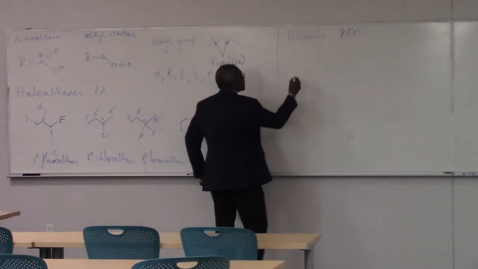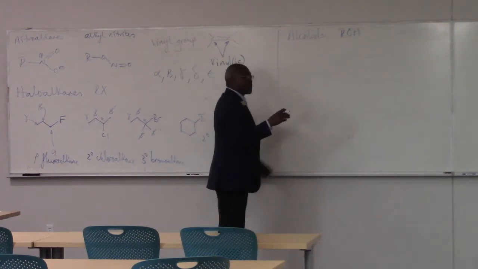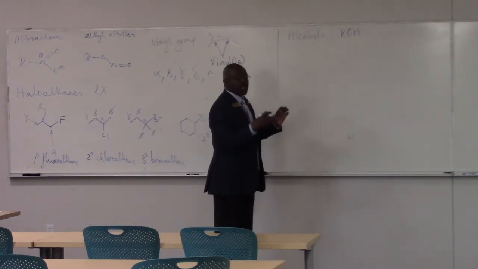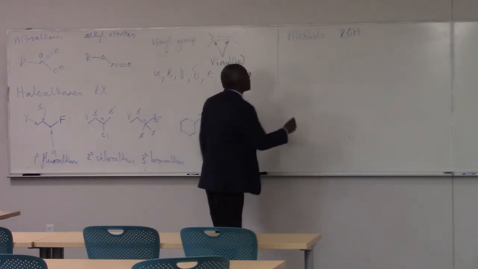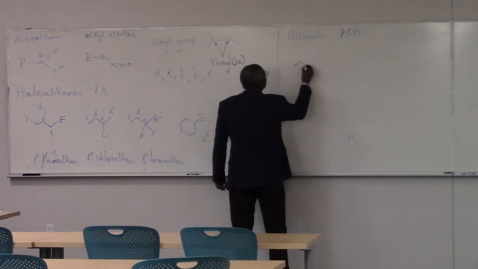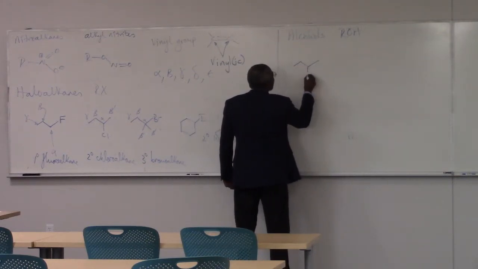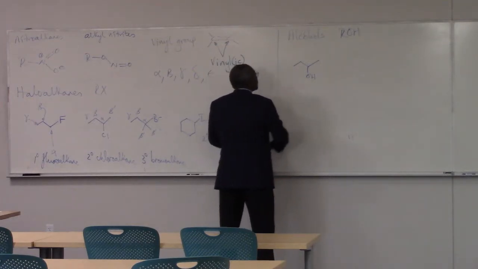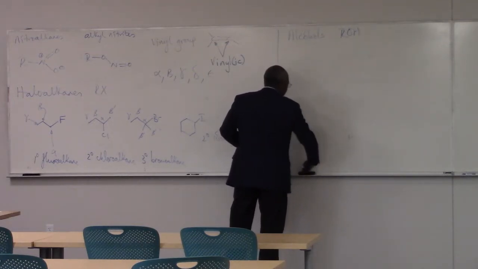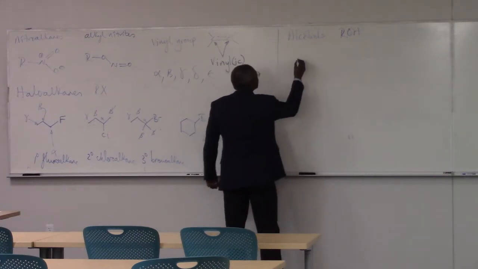And we can classify alcohols in lots of ways. Now, we will do some of it now. There are other ways of classifying which are really meant for second organic, so we won't get into those. But we can classify alcohols in the same way that we classify haloalkanes.